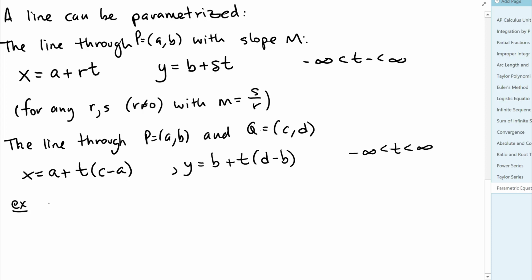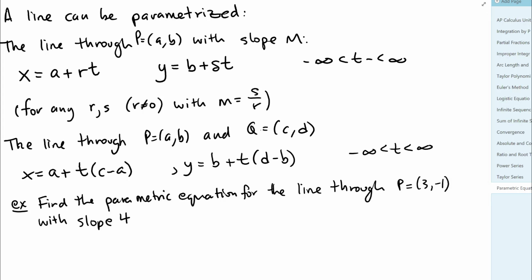We want to find the parametric equation for the line that goes through the point 3, -1 with slope of 4. So using the first equation, x is equal to 3 plus rt. The r value in this case is found in 1 second. y equals -1 plus st, and s over r is our slope.